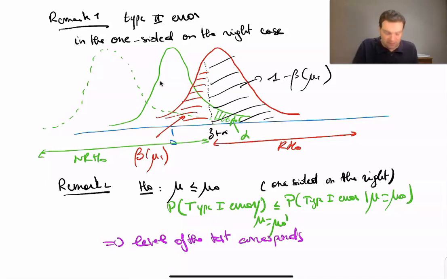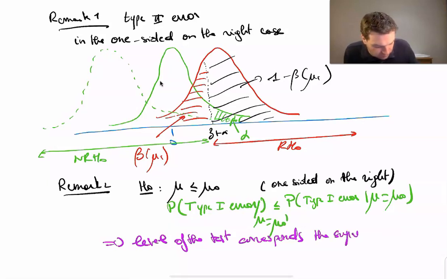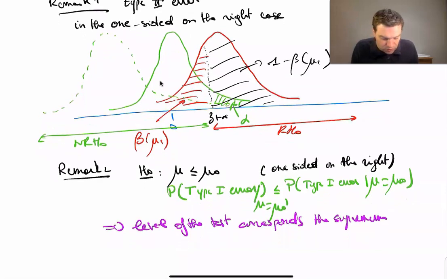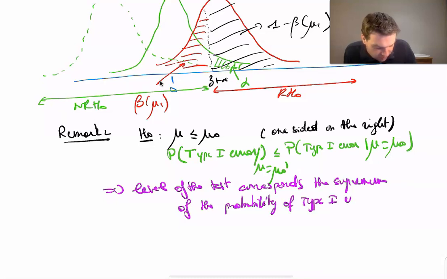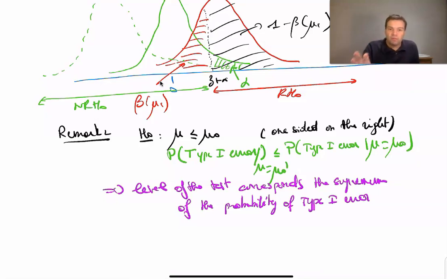In this case it's a maximum, but in general, the level of the test corresponds to the supremum of the probability of type 1 error, the supremum over all the possible values of the parameters that are assumed under the null hypothesis.